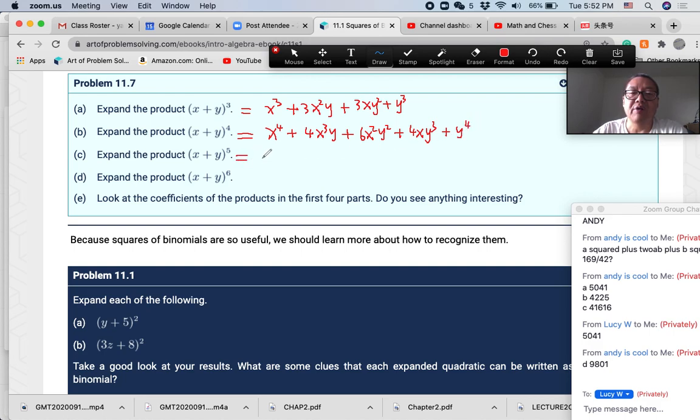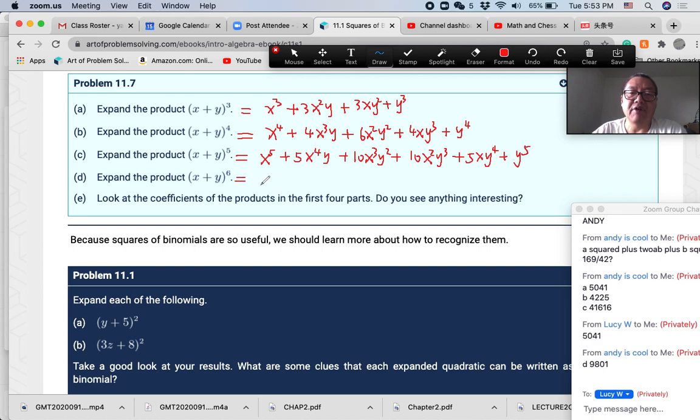So this (x plus y) power 5 will equal x power 5 plus 5x power 4 times y, then plus 10x power 3 y squared, then plus, say, this will be 5 choose 2, that will be 10. 3 is same, so 10x power 2 y power 3, then plus 5x y power 4, then plus y power 5.